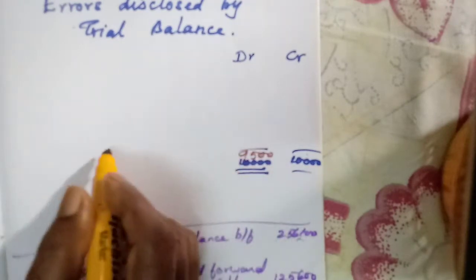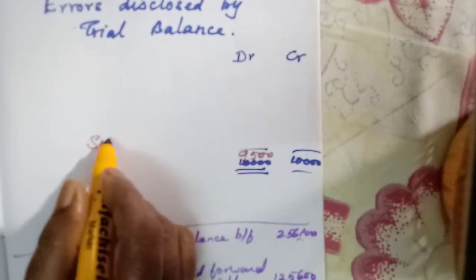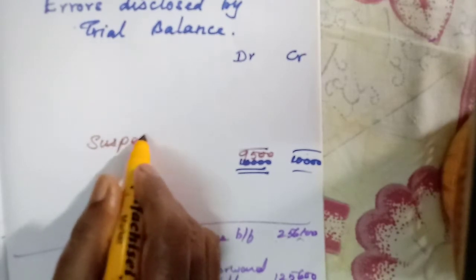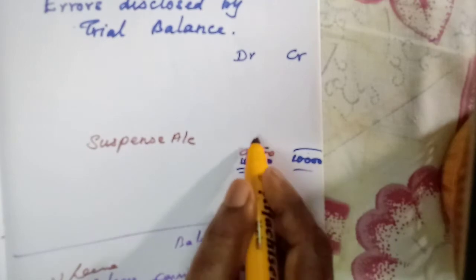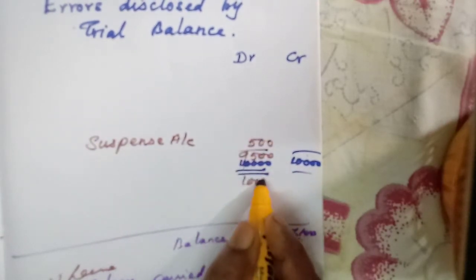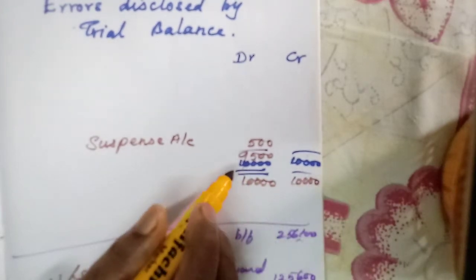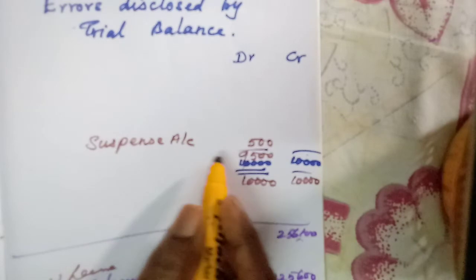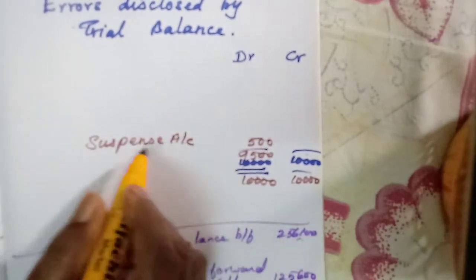So until then this error will be kept as it is. We have to write a suspense account for that 500, and we should make this 10,000 and this side 10,000, okay. After preparing this trial balance, we have to check.